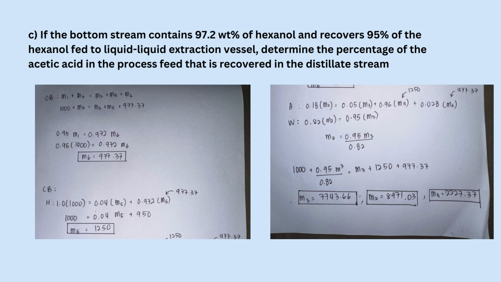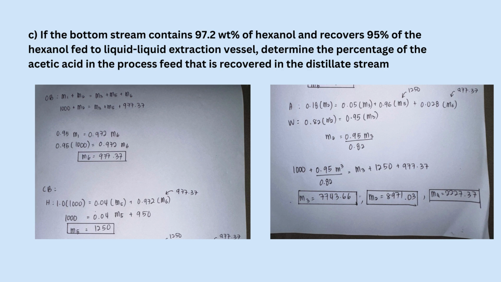After that, 0.95 times M1, we get 0.972 times M6. Then we substitute M1 equal to 1000 and then we get 0.972 M6. Then we can get M6 equal to 977.37.